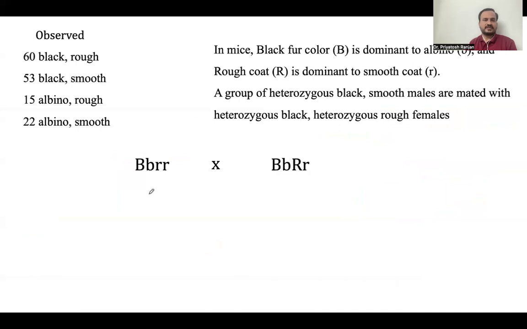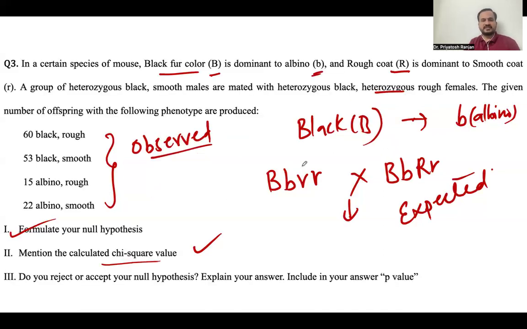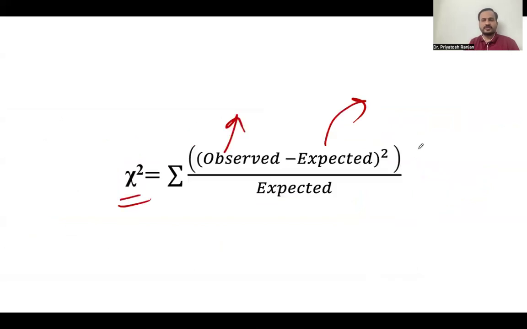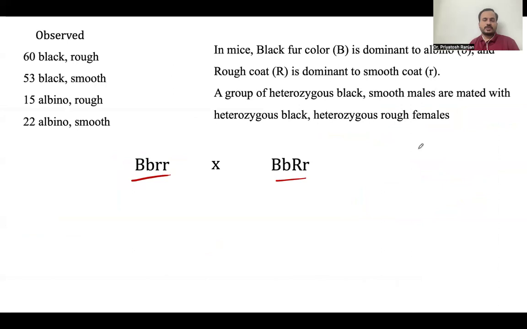Now let's have a look. We have already figured out the genotypes in the previous slide. This is what I was talking about: when I'm making such a cross, what are the expected ratios? Let's say black and rough, what is the genotype going to be?